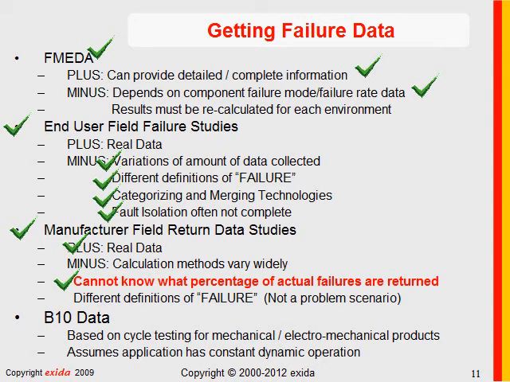Manufacturers base these calculations on failure reports when people return failed product back to the manufacturer. At Exida, we have done a study on what percentage of failed products get sent back to the manufacturer. Depending on product type and application, that number varied between 0 and 40%. What if the average were more like 10%? The real number of failures in the field might be 10 times higher than the manufacturer reports.